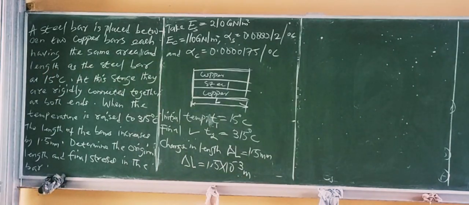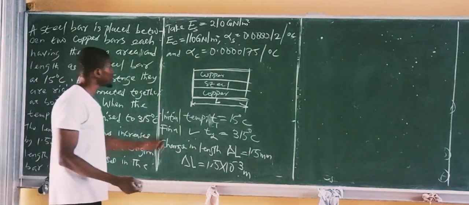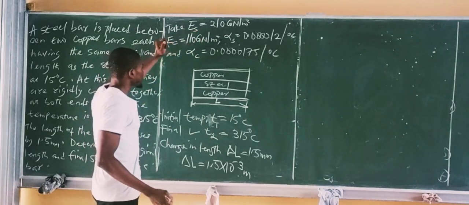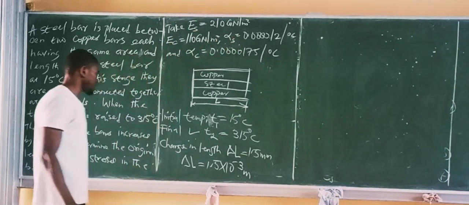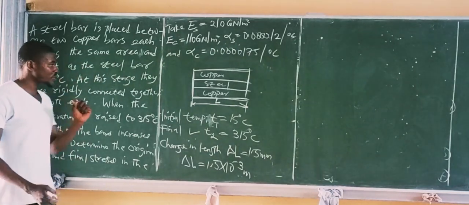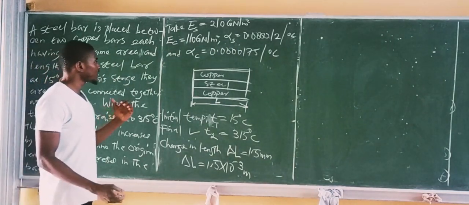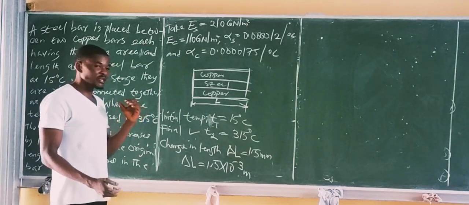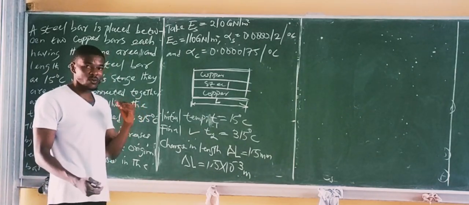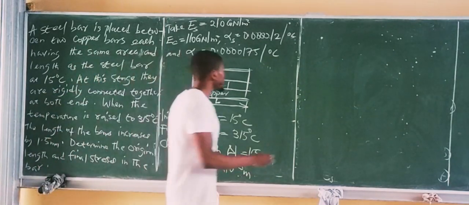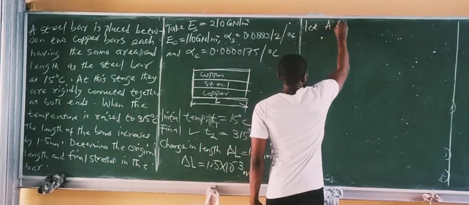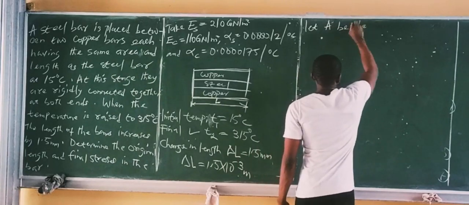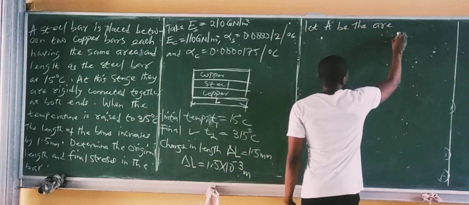We are given the Young's modulus of steel and that of copper, and also the thermal expansivities for the two materials. Now, the first condition says that the steel rod has the same length and area as the copper. The area was not given, so let A be the area of the bars.